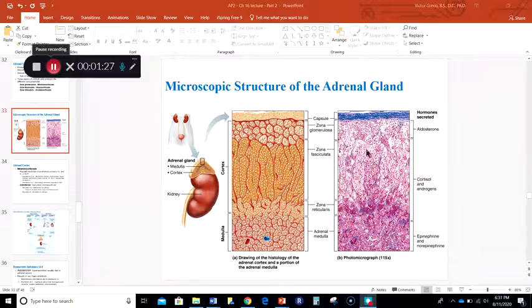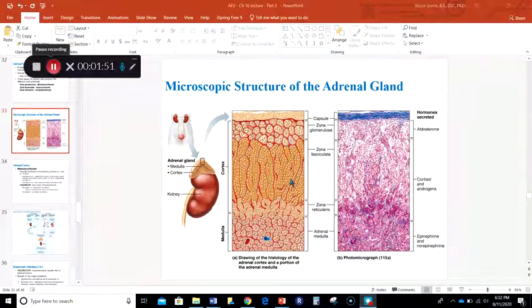Here we can see a microscope image, which will be important for lab, of the different zones or regions of the adrenal cortex and the adrenal medulla, which is deeper. When we go deep to this fatty capsule, we get into this zona glomerulosa, where aldosterone is produced. We'll be going over this hormone in a little bit.